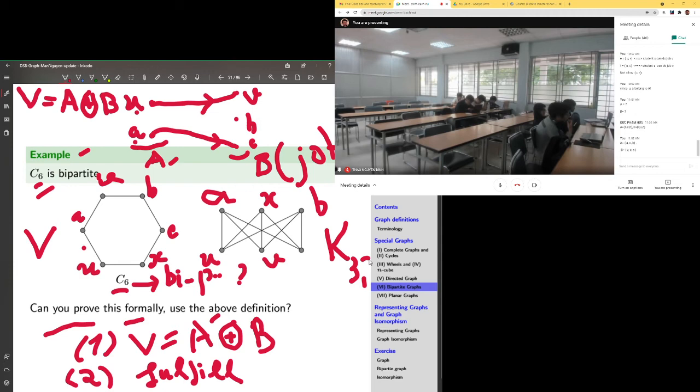Now this one is the K33, where you allow all connections allowable. Okay. A, X, B, is that right? One group.